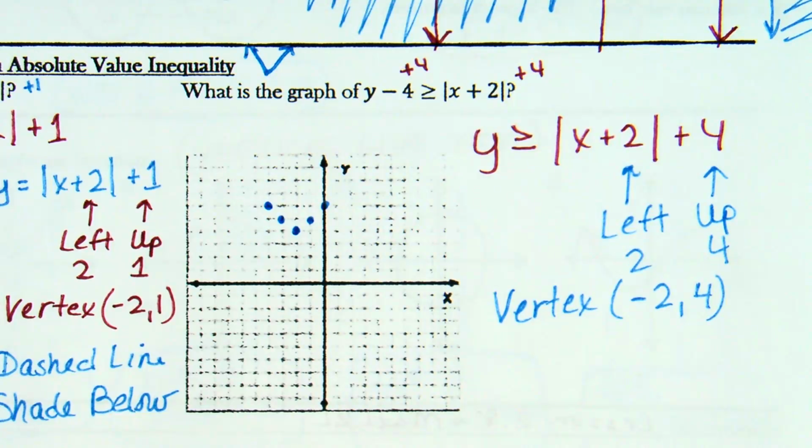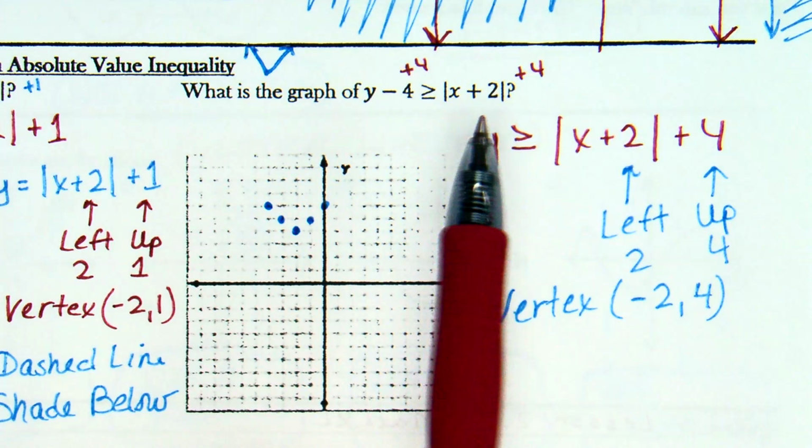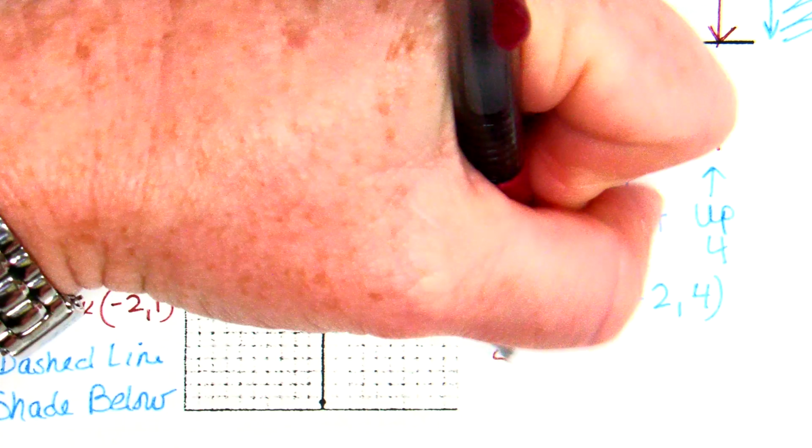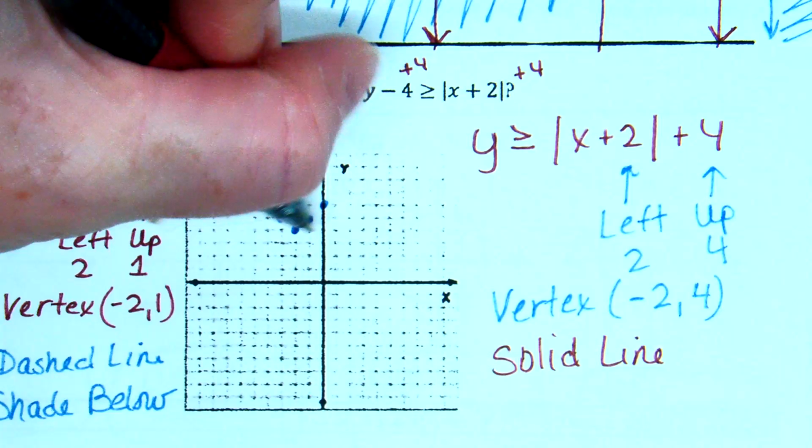Two questions. What kind of line? Solid or dashed? Why is it solid? Not because it's greater than, but because it's equal to. So solid line, because it's equal to.